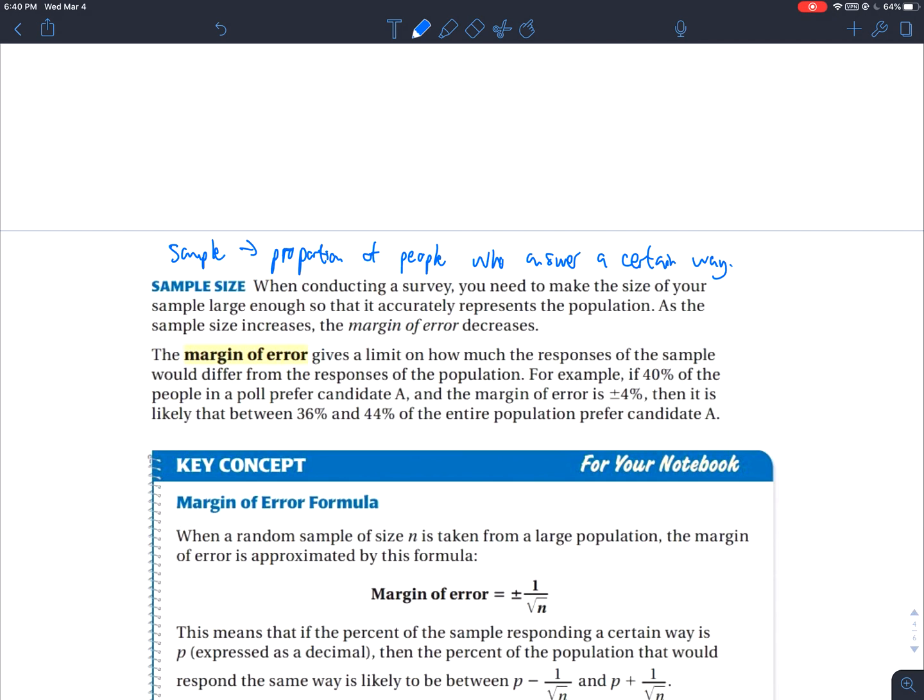Let's just say in our case we'll call that proportion P. In AP Statistics we use a different notation for this, but let's just say we call it P.